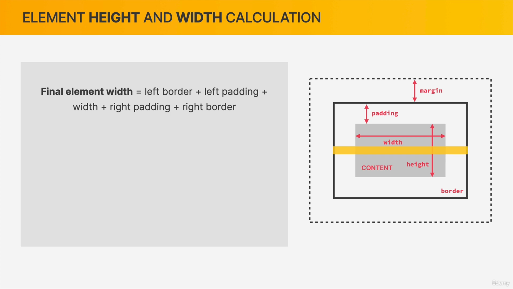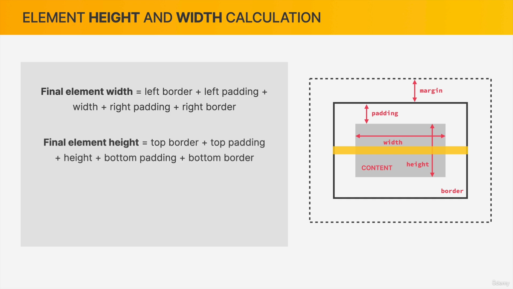And the same logic, of course, applies to the height of an element. So it's the top border plus the top padding plus the specified or implied height plus the bottom padding and finally the bottom border. Now, as you can see, the margin is of course not part of the width or height calculations of the elements, because again, it is just space that is around them.